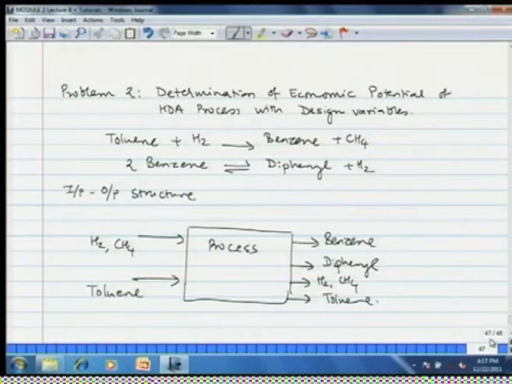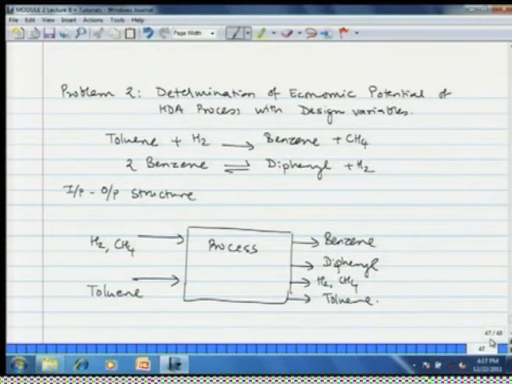Now, we are very well aware of the hydrodealkylation or HDA process, because we have used that as a model throughout our module. The basic reactions are toluene reacts with hydrogen to give benzene and methane, and there is a side reaction of two molecules of benzene combining to form one molecule of diphenyl and hydrogen. Hydrogen always contains some impurity of methane, because hydrogen is generated through steam reforming of methane.